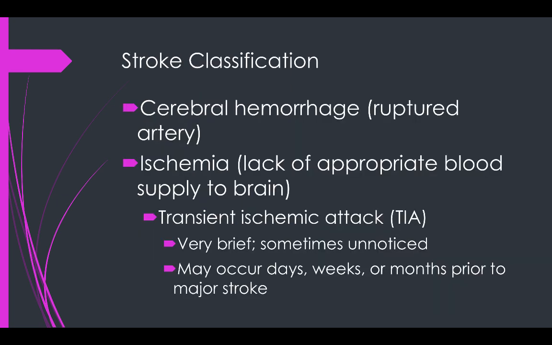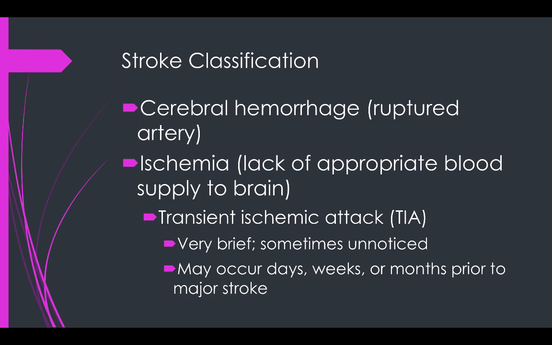As far as classification, when it comes to stroke, there's cerebral hemorrhage, which is a ruptured artery. So that's occurring with bleeding. And then there's ischemia, which is the lack of the appropriate amount of blood being supplied to the brain.